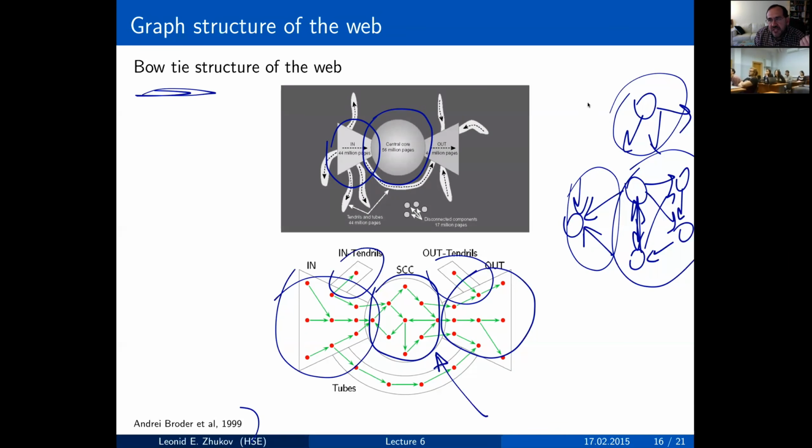They looked at this structure, and they also did their famous power law graphs, where they looked at the node degrees and how many nodes have those degrees. So it's a very, very influential paper. If you're interested, take a look at it. So that's why PageRank is so important, because on the web, at least half of the pages are out of the strongly connected component.